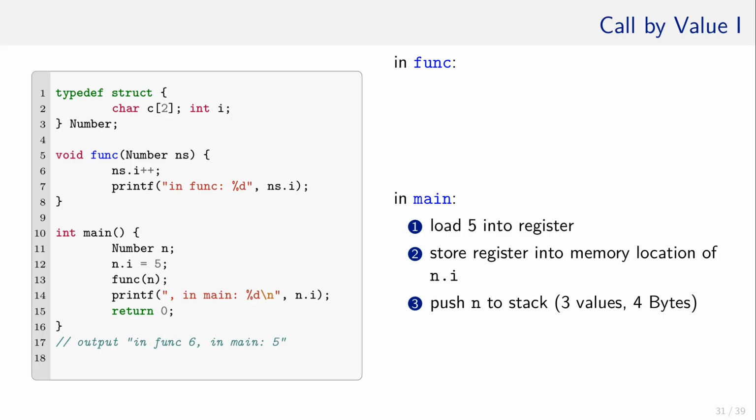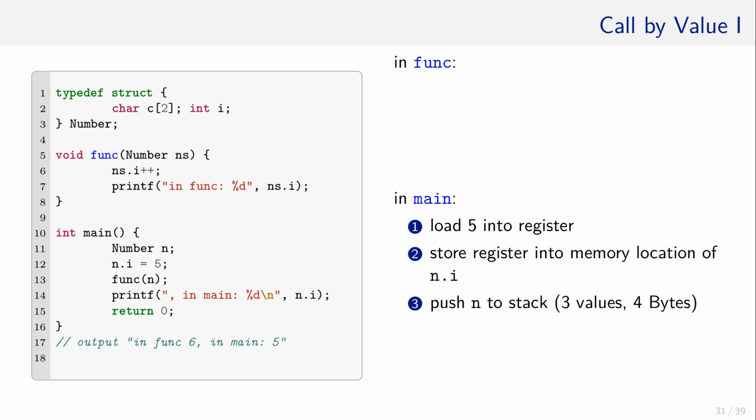One is in normal memory, accessible through n. The other one is on the stack, accessible within the function using ns. We also push the program counter onto the stack so that we know where to continue once we've finished executing the function. But that would be another topic for another lecture.